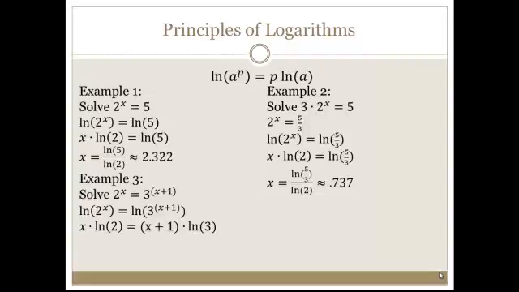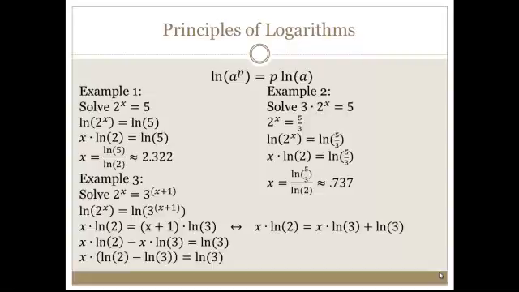We now need to solve this linear equation for x. So we will distribute natural log of 3 on the right-hand side to get x times the natural log of 3 plus 1 times the natural log of 3. Then, we will move everything with x in it to the left-hand side by subtracting x times natural log of 3 from both sides.